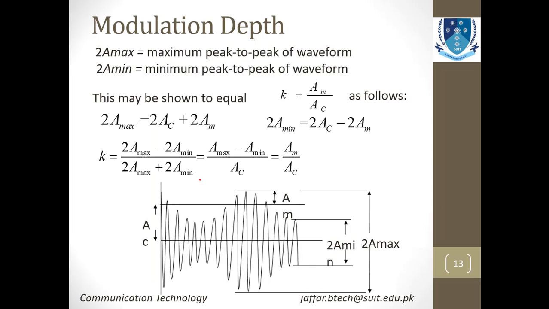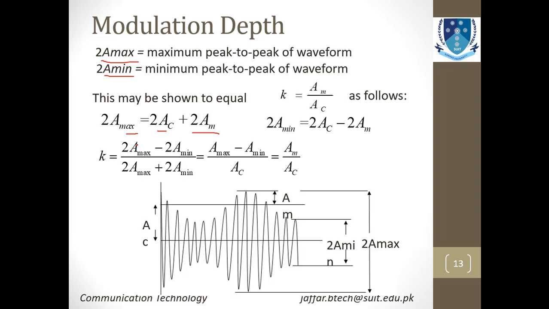So let's talk about the modulation depth. The modulation depth is basically the minimum peak to peak of waveform. There are two types that need to be considered. The first one is the maximum, and the second one is the minimum. So maximum peak to peak waveform and minimum peak to peak waveform, and this may be equal to 2 AC plus 2 AM.